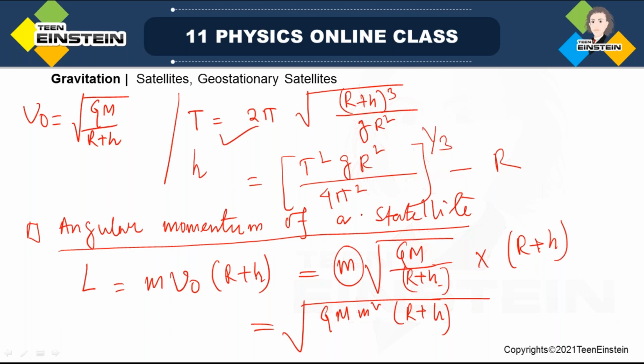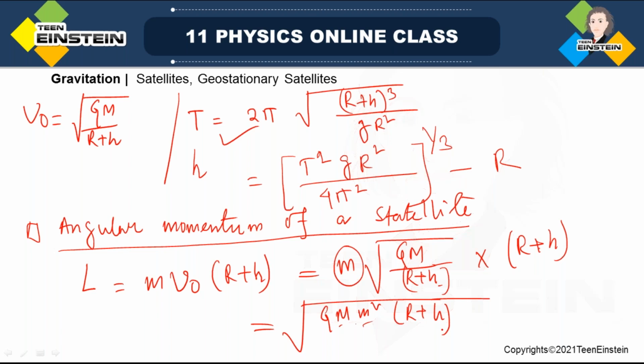And then we have learned how to calculate the height if we know the other parameters like time period, g, R, etc. Again, if we know the height of the satellite, the radius of the earth, and the orbital velocity, in terms of that you can find out the angular momentum of a satellite: G capital M small m squared into (R plus h). Okay, this is about angular momentum of a satellite.